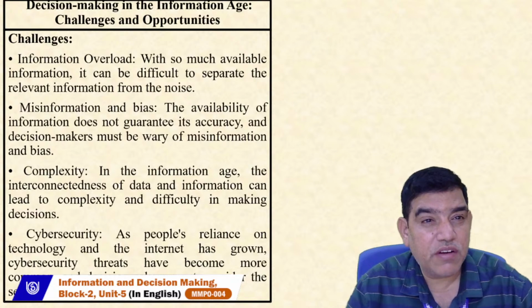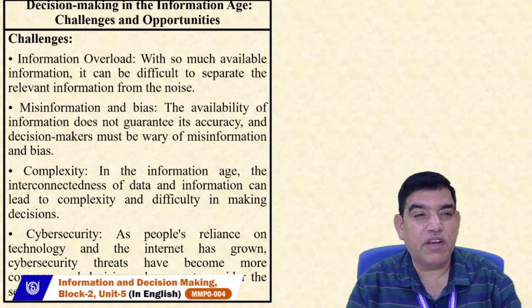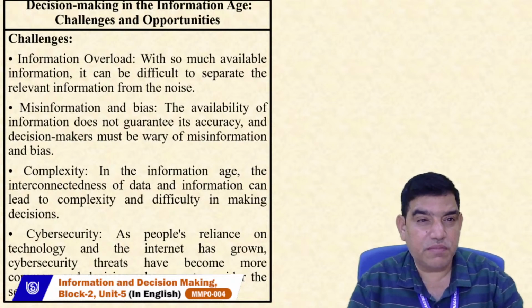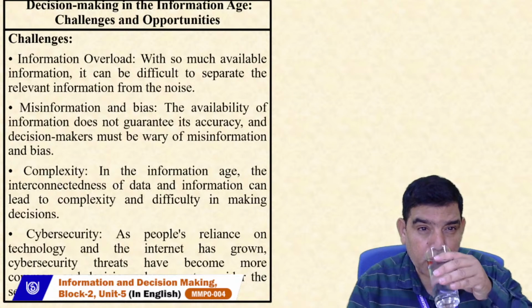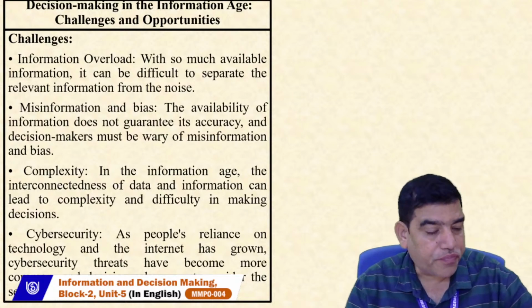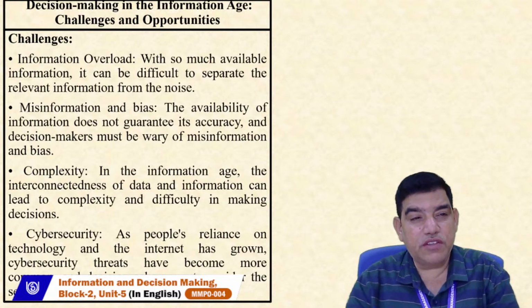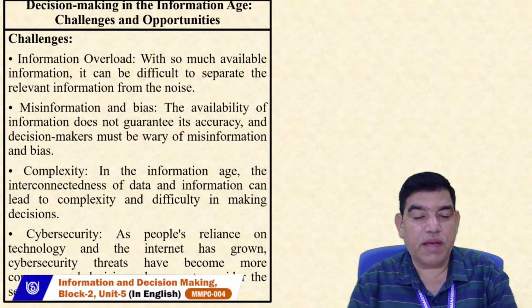So what is information overload? With so much available information, it can be difficult to separate the relevant information from the noise. Then this is one challenge. Misinformation and bias. The availability of information does not guarantee its accuracy, and the decision maker must be wary of misinformation and bias.